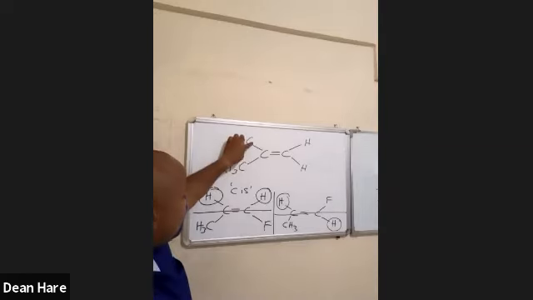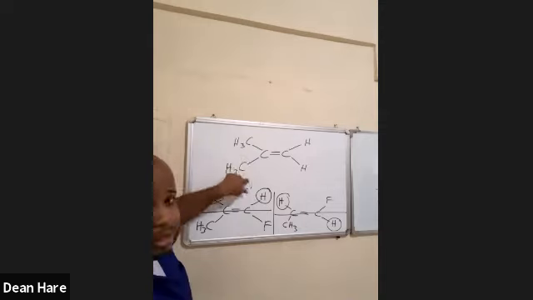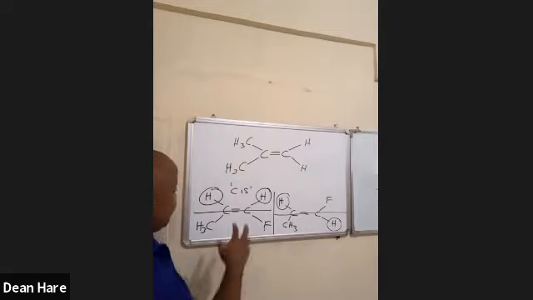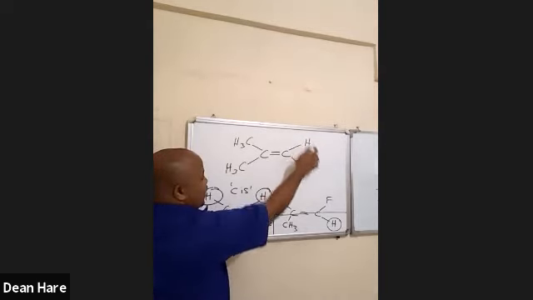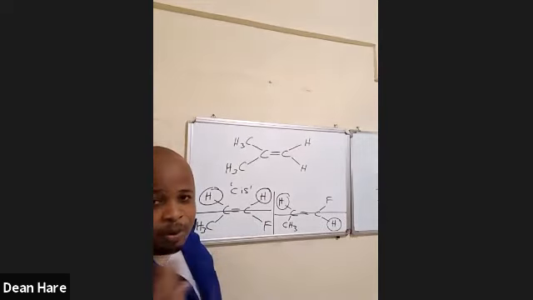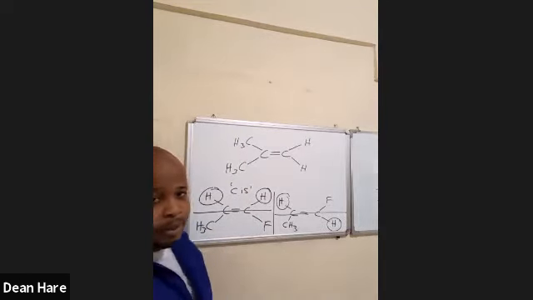Look at this structure. This carbon has two methyl groups on it. This carbon has two hydrogens on it. So at any point, can we have these two hydrogens on the same side of the double bond at any point in time? No, sir, because the double bond actually resists movement.